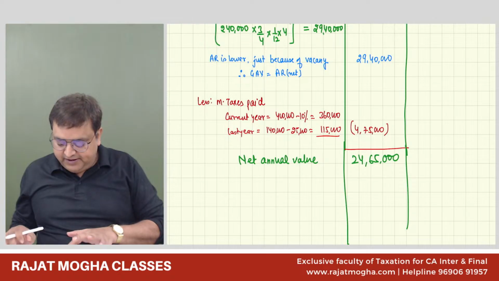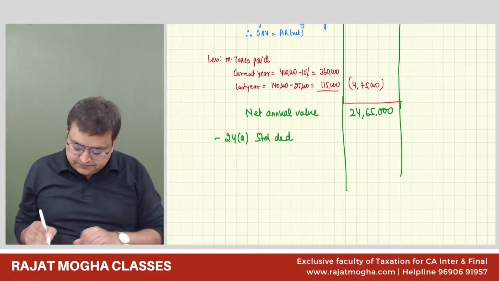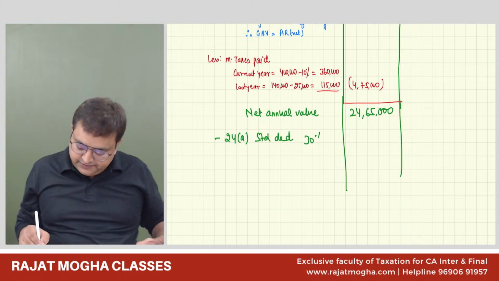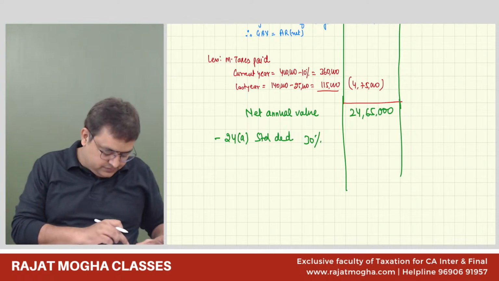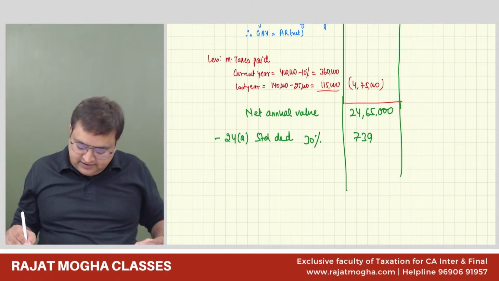$24,65,000 is my NAV. Now 24A standard deduction, 30%, $7,39,500. Is there any interest on loan?